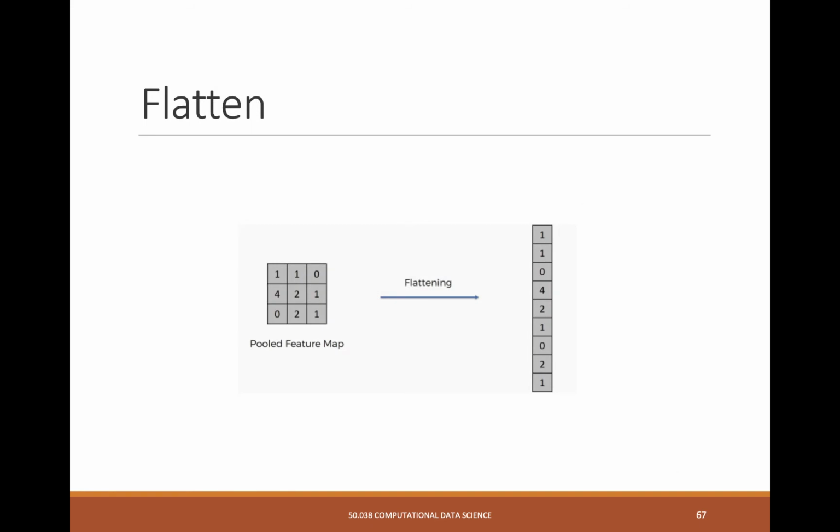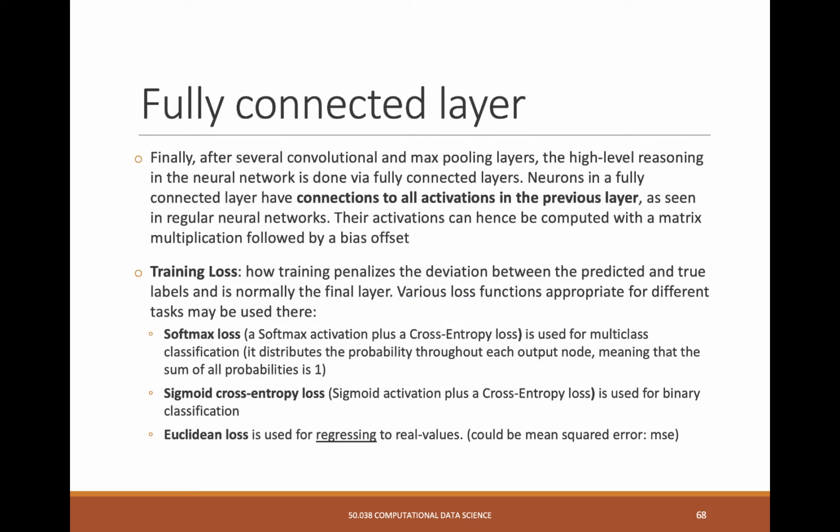Flatten is pretty simple. You just change the shape of the vector. And then finally, we have a fully connected layer. So now we're back to one-dimensional vectors, a normal neural network. Typically you add one or two or more fully connected layers. It's called a fully connected layer because all of the inputs have connections to all of the nodes. Just a simple normal neural network.